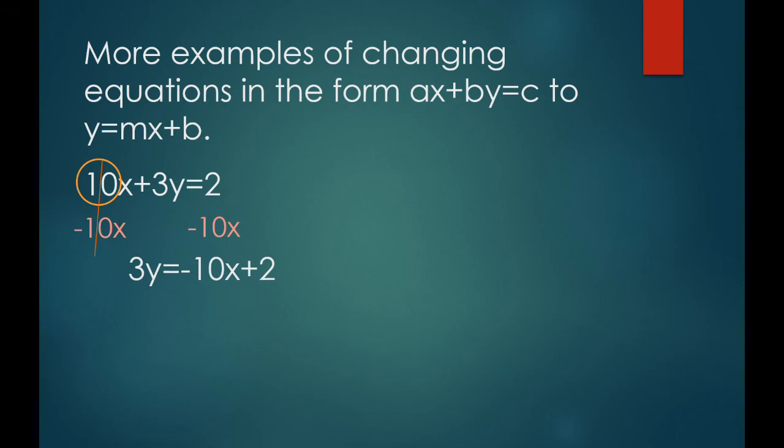So the equation now became 3y equals negative 10x plus 2. And we only want y, so we will divide by 3. Since wala na tayong masisimplify dyan, then y is equal to negative 10x plus 2 all over 3. So meaning m is negative 10 over 3, the y-intercept is 2/3.